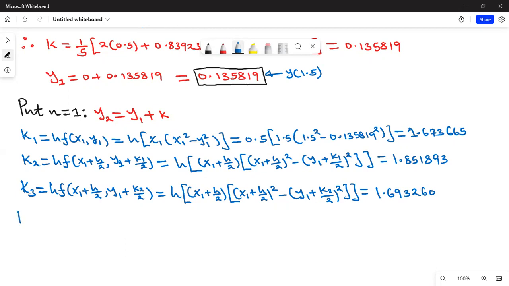And finally, k4. From the definition, or simply from that table, we found h times f of x1 plus h, y1 minus 2k1 plus 9 over 4 k2 plus 3 over 4 k3.